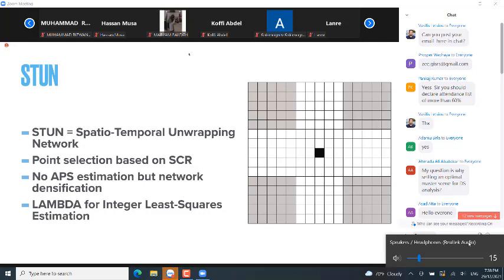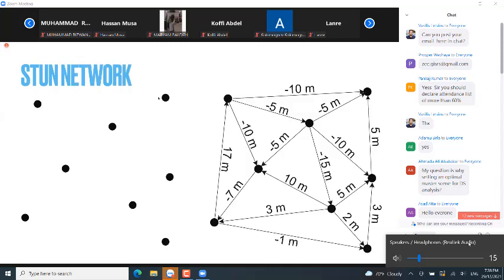We're building the estimation on the fact that we have integers for the unwrapping factors, so we can do an integer least squares estimation, which can give us better results.